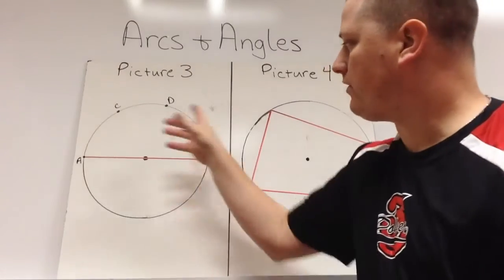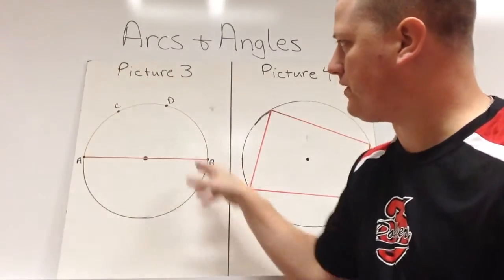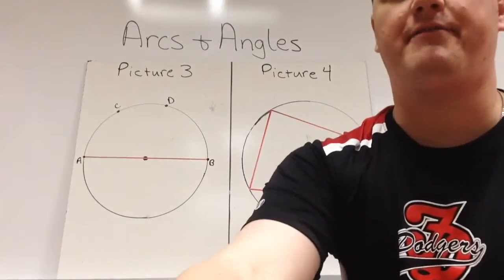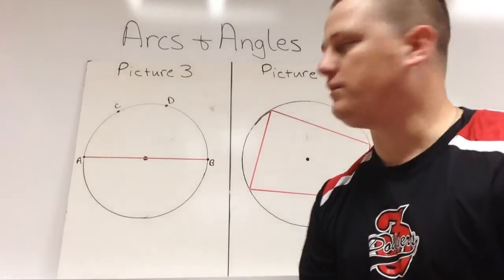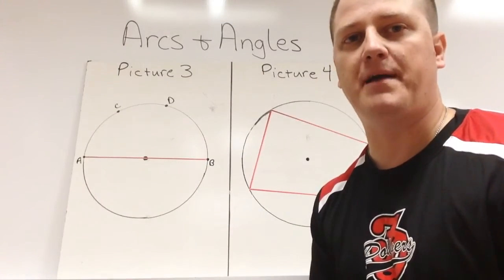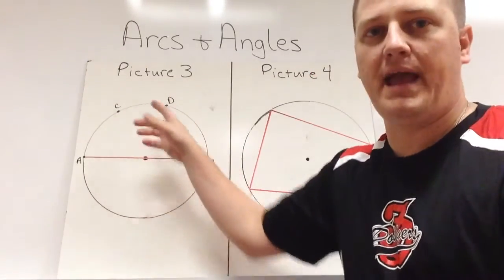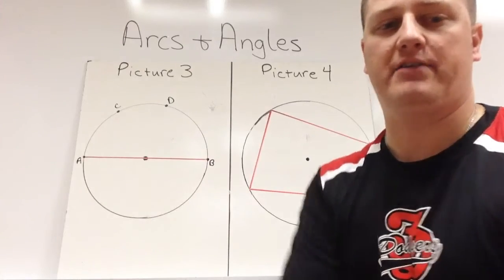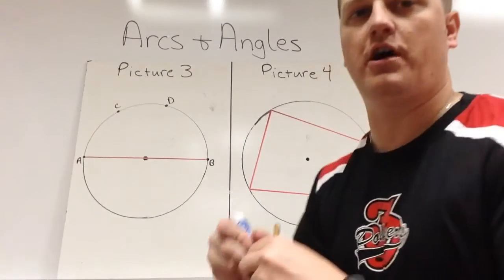Alright, again, I want to draw our circle with our center point, put our points on the circle as I've instructed. What we're going to now do is look at a diameter, which cuts a circle into 2 semicircles, and the inscribed angles inside a semicircle. So we're going to draw 2 of these again.